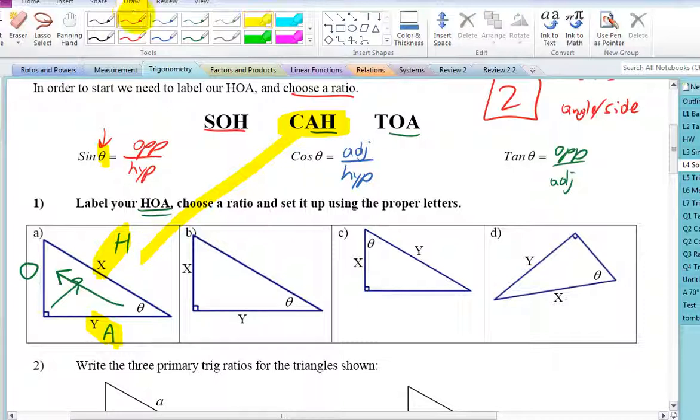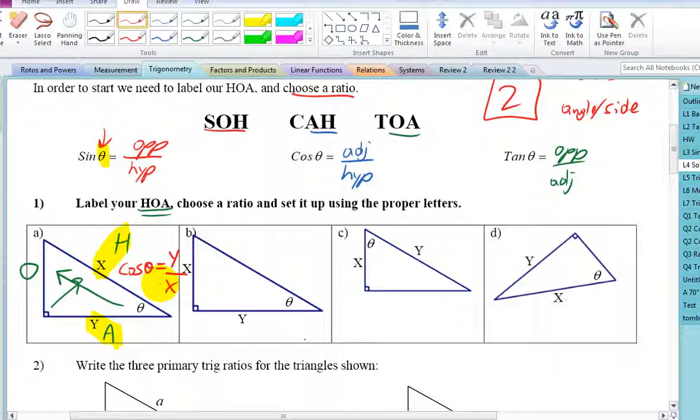For this question, you don't know the angle, so you just go cos theta equals, instead of A over H, use y over x. So cos theta equals y over x. That's all we want. We're just practicing choosing the right ratio and setting it up.